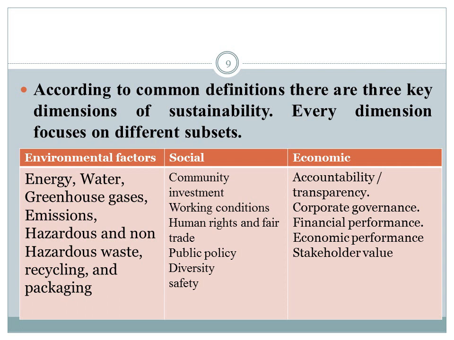Social contains community, investment, working conditions, human rights and fair trade, public policy, diversity, safety. Dimension number 3, economic, contains accountability, transparency, corporate governance, financial performance, economic performance, stakeholder value. So there are three key dimensions of sustainability: environmental factors, social, economic.